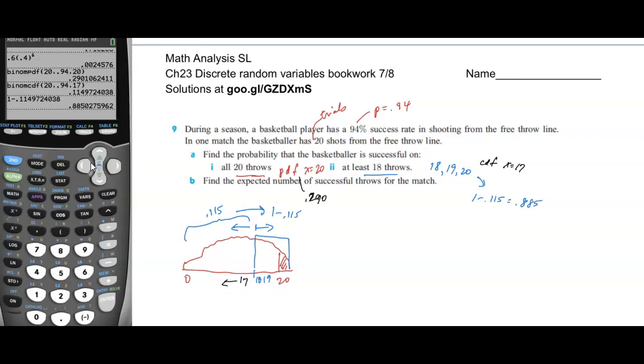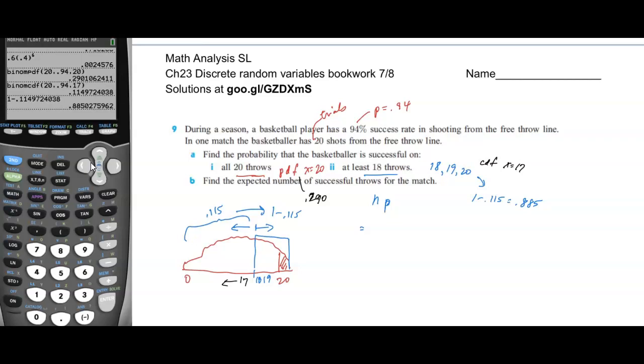Okay, and the last one, find the expected number of successful throws for the match. So the expected number, remember what we want is the number of trials times the probability. And this is in the formula booklet. If you look in the formula booklet, it'll tell you that the expected number is n times p for binomial distributions.